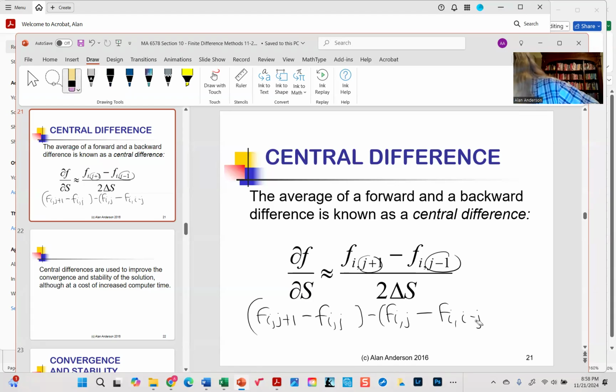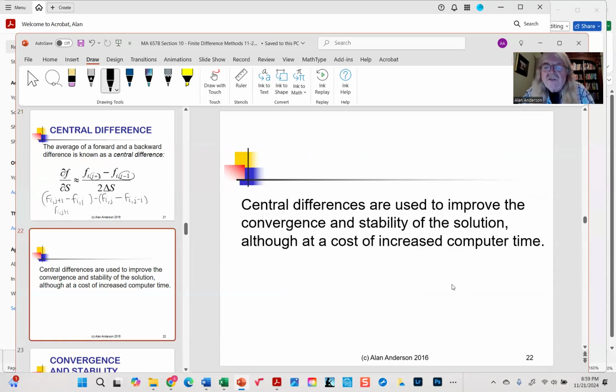Oops. This one should be j minus 1. And so when you cancel out all these terms, oh, actually, no, you know what?